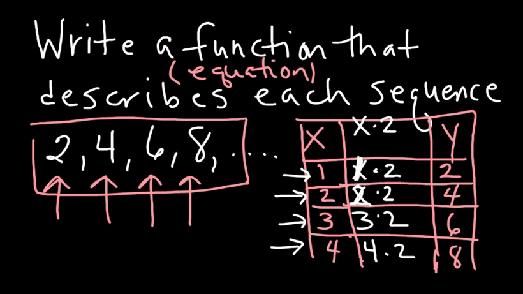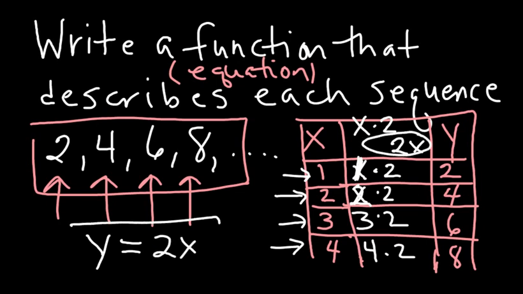You usually write 2x, don't you? So at the very end of this, we always put y equals, and then we take the rule and put it on this side. Is this an equation? Yes. And this is the answer to this problem.